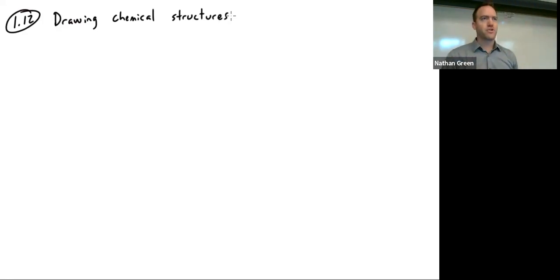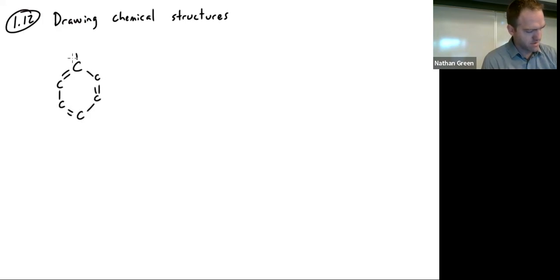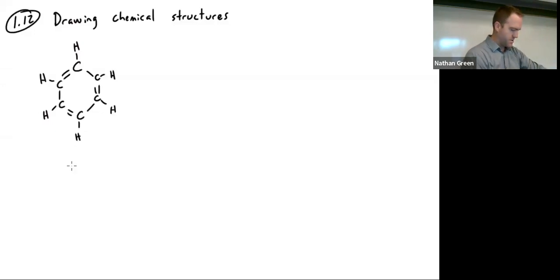I'm going to draw a structure up here. I want you to wait until I'm done drawing it, and I'm going to time you all. So put your pens down real quick for me. Okay. On your marks. Get set.